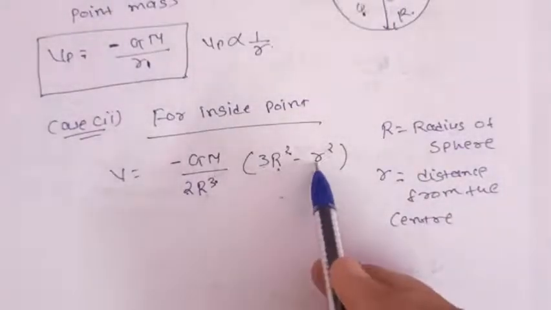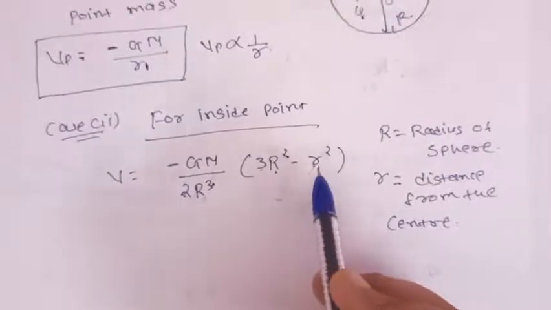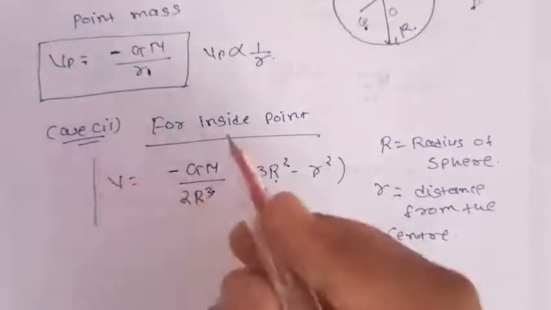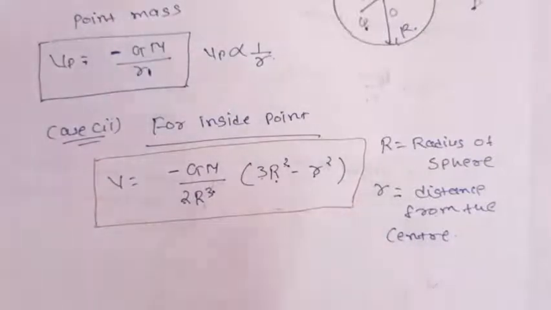For different values of small r, we can get potential at different points. So this is the general formula for potential at any point inside the sphere.